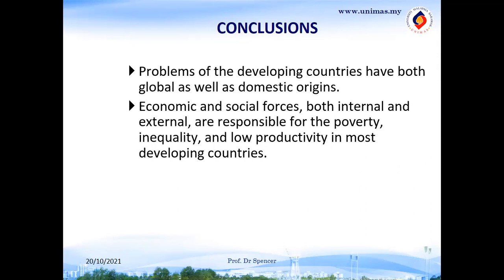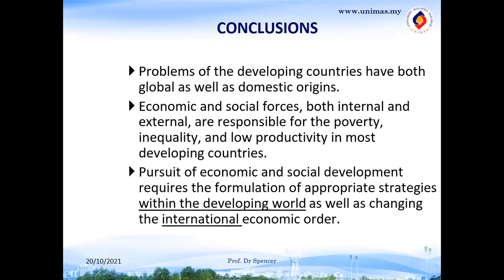Right? So that explains how or why rather developing countries remain low in its productivity and high in poverty and inequality. Okay, so the pursuit of economic and social development, therefore, requires the formulation of appropriate strategies within the developing world, as well as changing the international economic power.